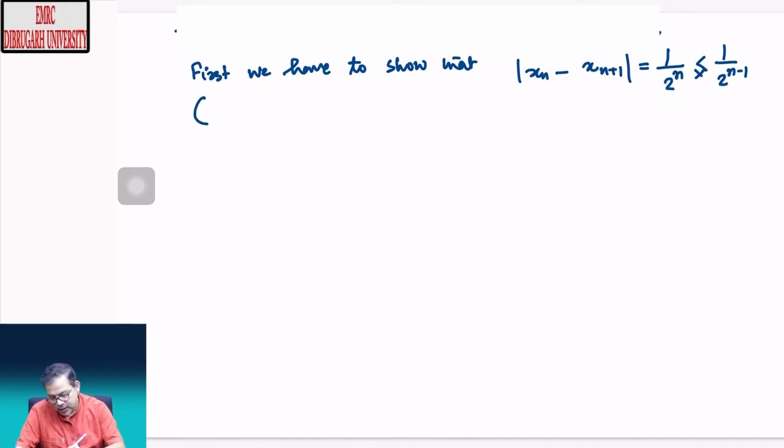But since this is done using method of induction, and it is easy to show, therefore, this is omitted here.